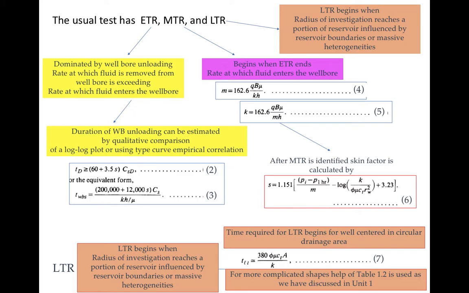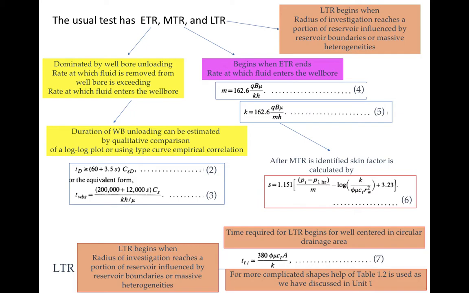Now, as far as the flow regime is concerned, in a similar fashion as we have seen in the build-up test, we have three different flow regimes, right? One is the early time region, then the middle time region, and the late time region. In the early time region, the flow is mostly dominated by wellbore effects, right?